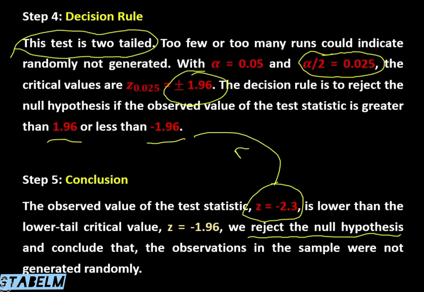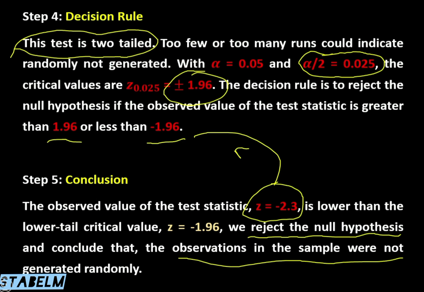When we reject the null hypothesis, the conclusion is that the observations in the sample were not randomly generated. And that is how to use this large sample runs test.